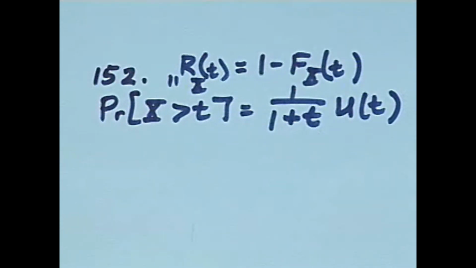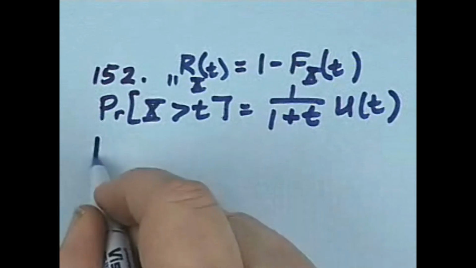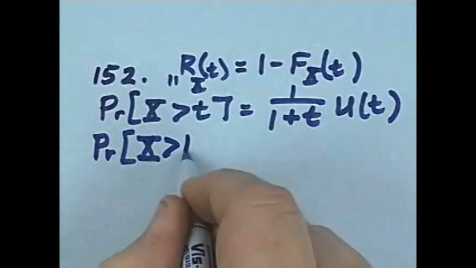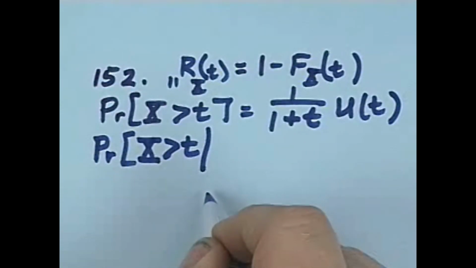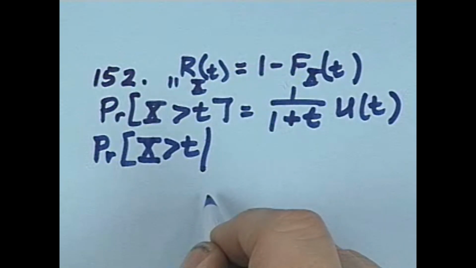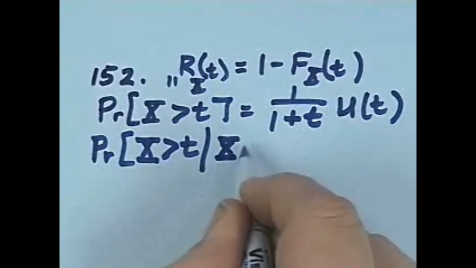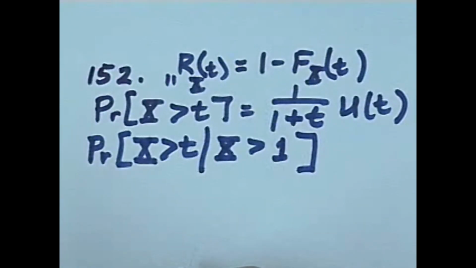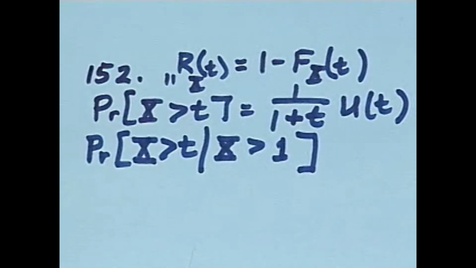In order to do this, let's just use one light bulb. 3 light bulbs are too hard to fathom. So what we want to find is the probability that x is greater than t, given that x is greater than 1, because we know the light bulbs are working at time 1.